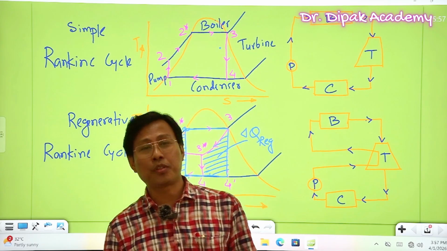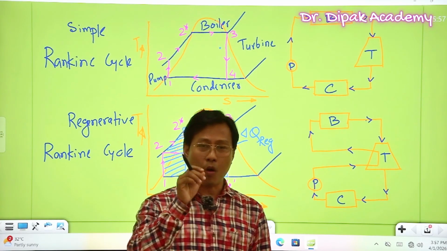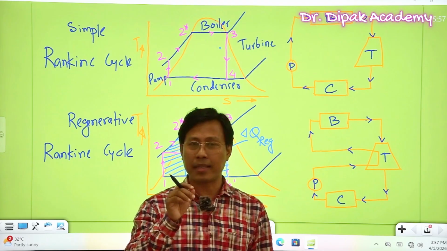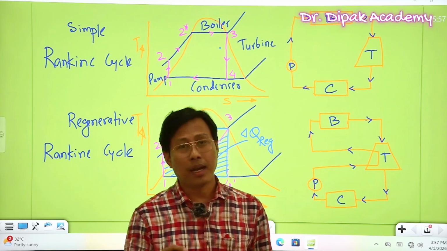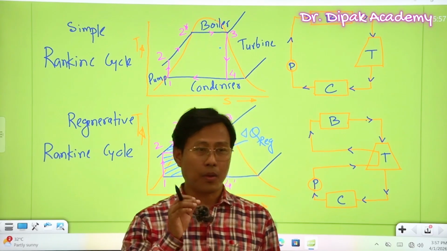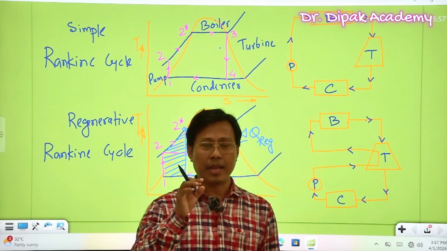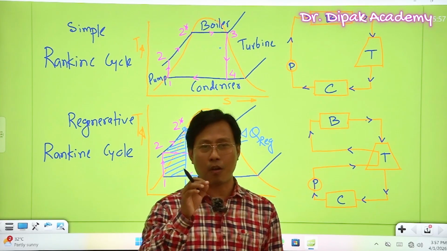So through this question it is asked to compare all the given cycles: saturated cycle, superheated cycle, regenerative cycle, and reheat cycle. Given the condition of pressure limit, the pressure limit is the same for all the cycles.